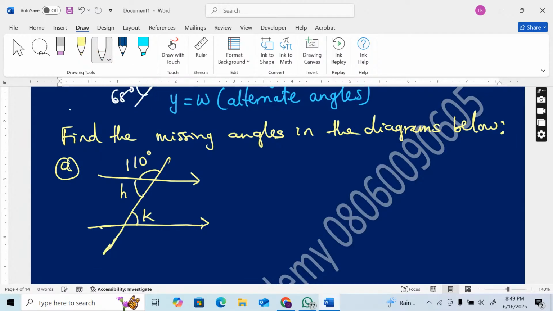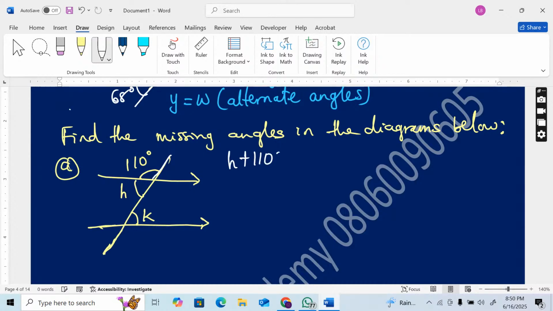The straight line for them is the transversal. They are both lying down on the transversal line. If you try to turn it, you see that angle H and 110 degrees are beside each other, on top of the transversal. So the transversal serves as the straight line for angle H and 110 degrees.